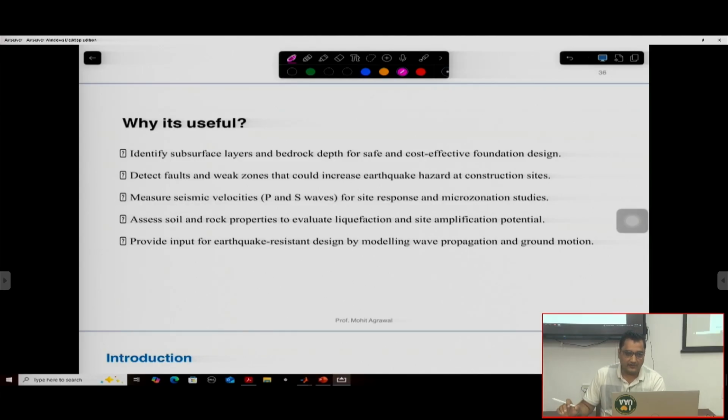It is safe, cost effective, and also you can detect faults and weak zones, and these faults and weak zones can increase the risk in the area. If you detect them, then possibly you can design your structures accordingly. And this can also be used to measure the seismic P and S wave velocity for the site response analysis and the microzonation studies.